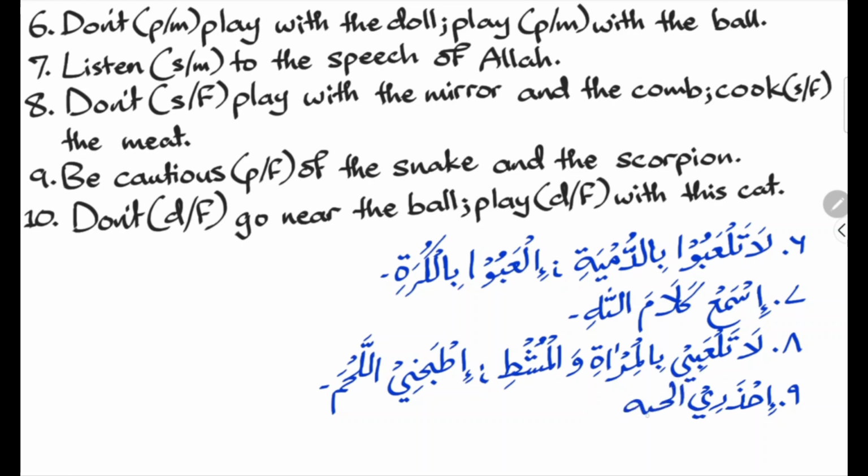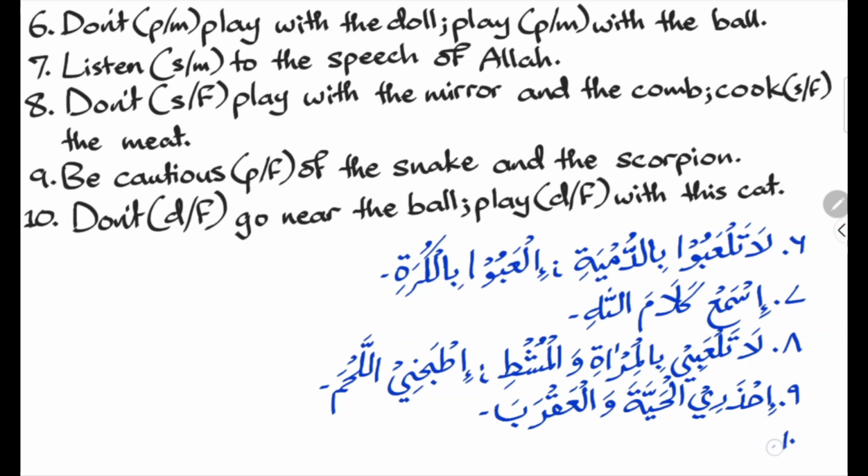And since it's the maf'ul, the object of the sentence, it is going to get a fatha. Al-hayyata, and the scorpion, wal-aqrab. Scorpion in Arabic is al-aqrab. And again it's going to get a fatha because it's the maf'ul, the second maf'ul after al-hayya. Ihdari al-hayyata wal-aqraba. Be cautious, plural female, of the snake and the scorpion.